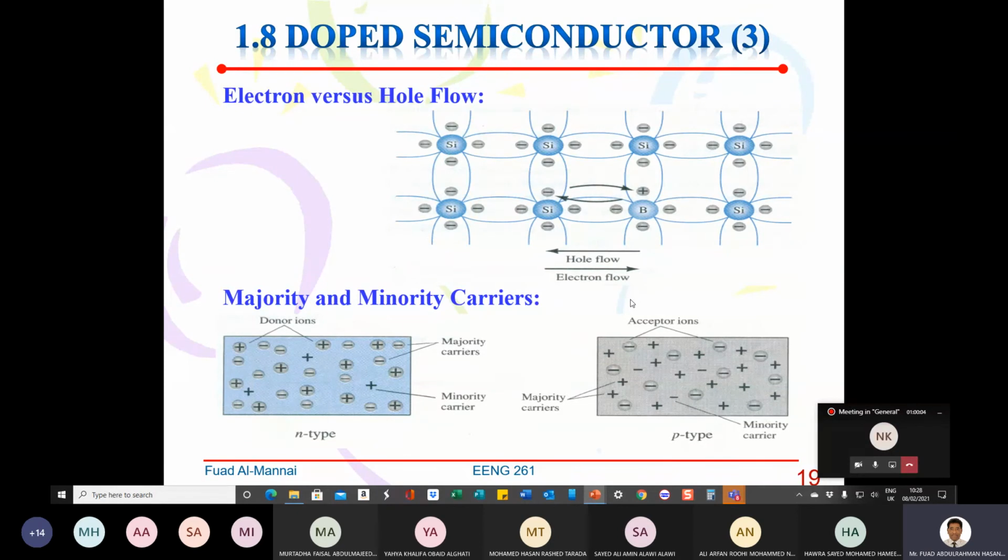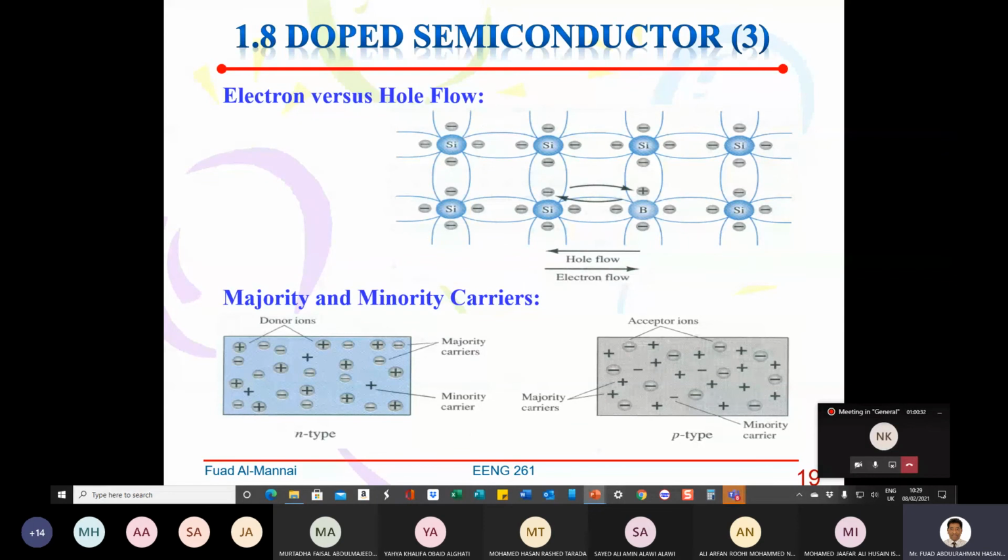Electrons and holes move opposite to each other. The conventional current is with the holes, going opposite to the flow of the electrons. That's the conventional current. Is there any questions so far?